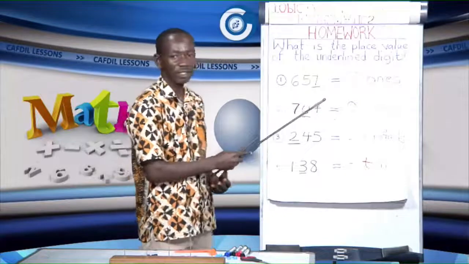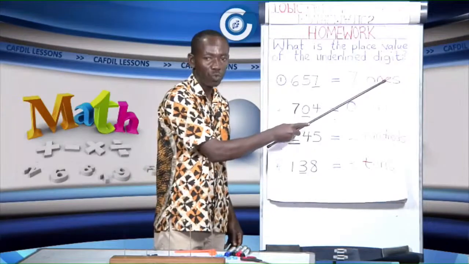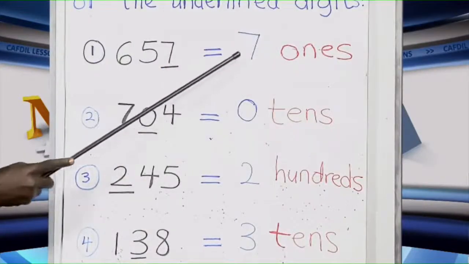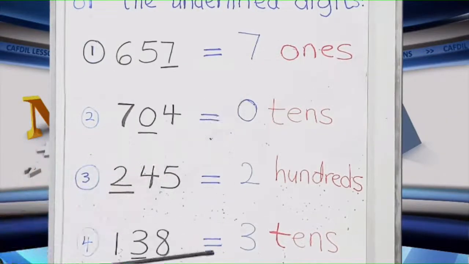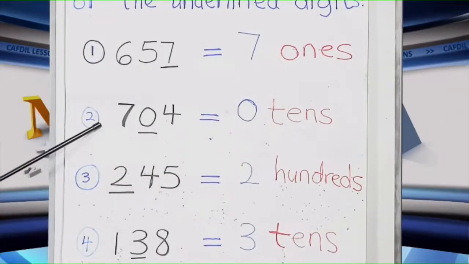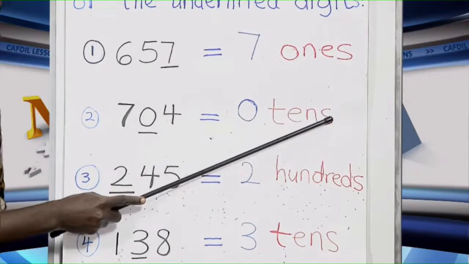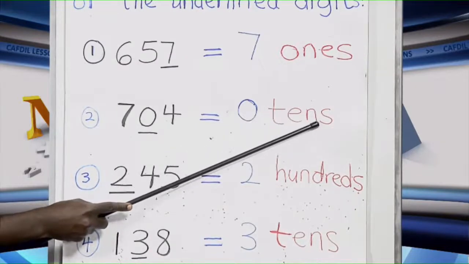I hope you had 7 ones. 7 is underlined, so 7 ones. Number 2, 0 tens.